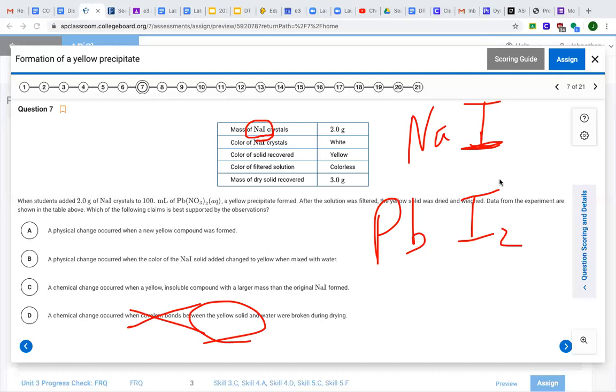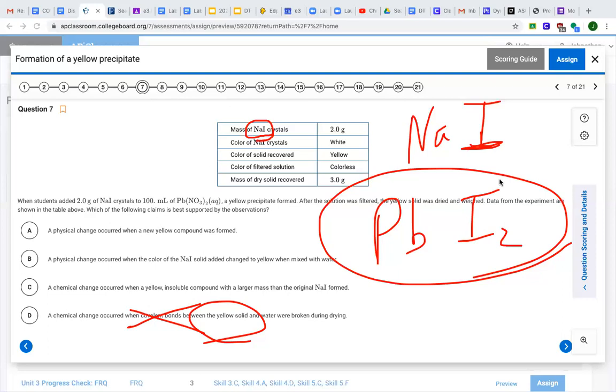And this solid, lead II iodide, is held together by ionic bonds too. So we don't have any covalent bonds holding that together. So Idali is correct. The correct answer is absolutely C. This is a chemical change. You've got a color change happening, and whenever the color changes, we know that there is a chemical change. There is a chemical change as evidenced by the color change. Other questions, scholars?